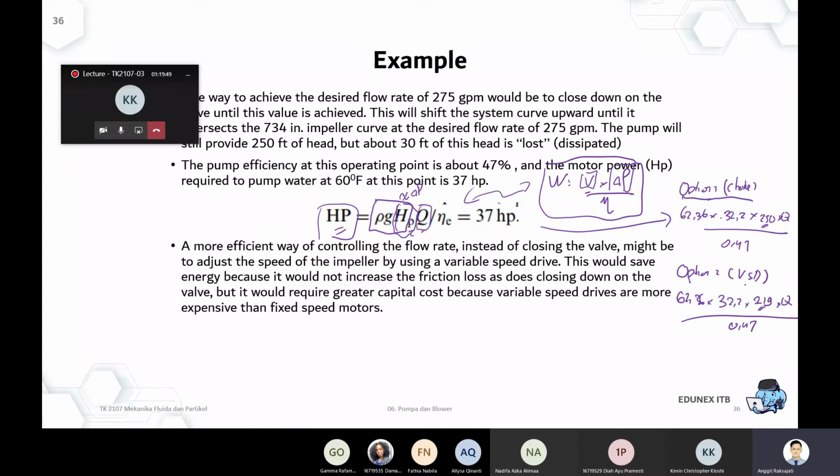You install the VSD that costs extra money, of course, but during 20-year operation of the pump for a chemical plant, you save 50% of those 20-year operation. It's really a no-brainer actually. If you have the option to install the VSD, then buy the VSD one.